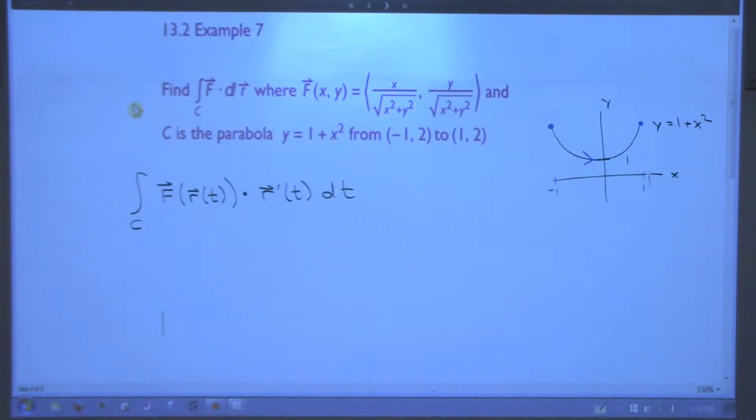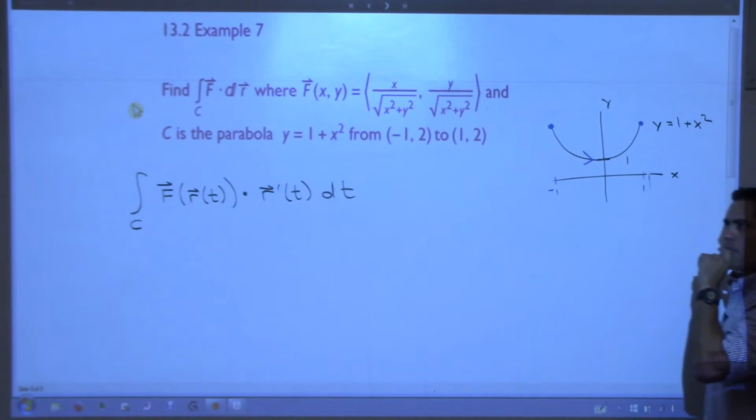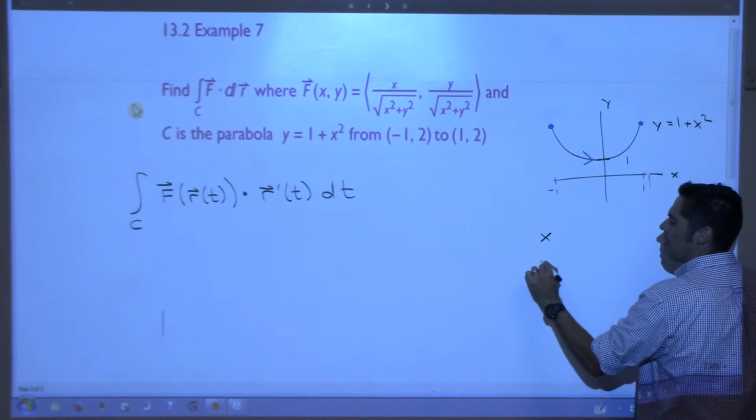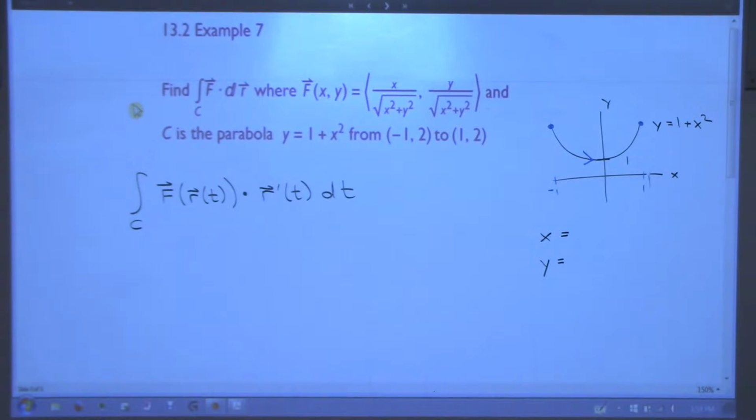So can you draw me that parabola with the vector function? Maybe I can help. Can you draw it with parametric equations? Okay, how would you do it? X is what?